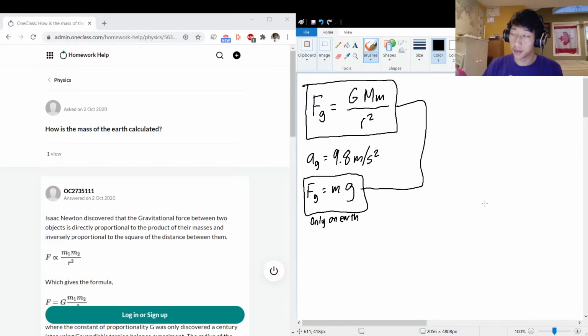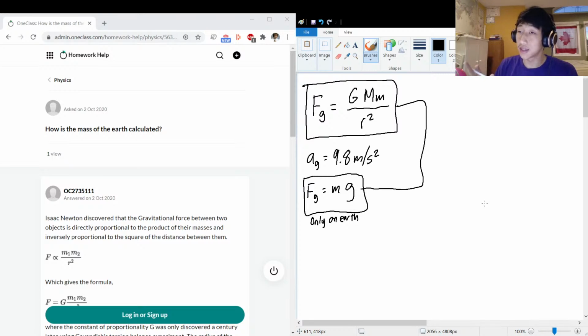So let's say you take a journey up to the moon. The mass of the moon is much smaller, so you're going to have a smaller force of gravity here. So the r in this case is going to represent the radius of the planet, or whatever. I guess the moon is not really a planet, but r is the radial distance between yourself, or the second mass, and the center of mass.